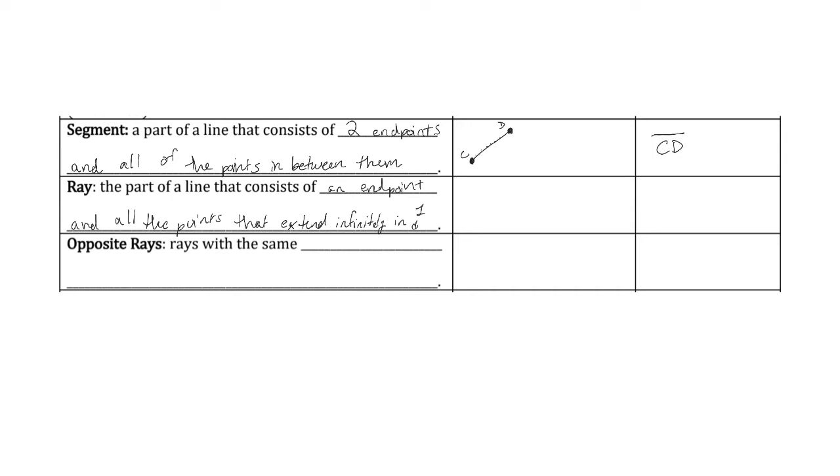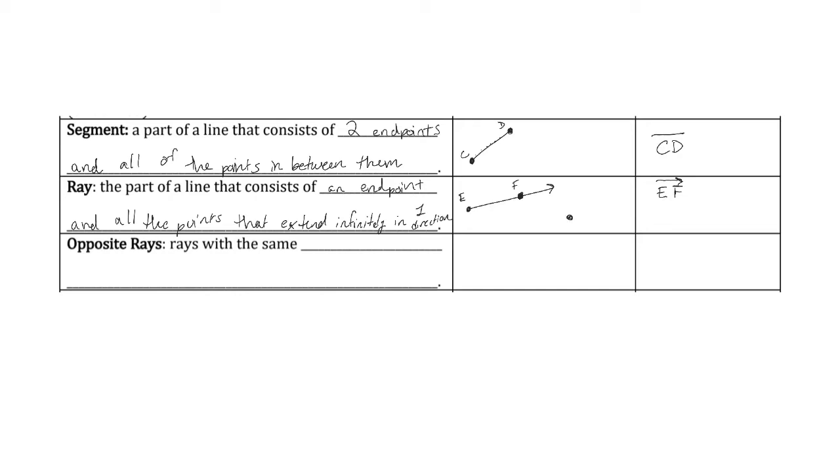So this will have one endpoint, say E, and then a line going on forever, and we can represent it with any point from E to that infinity. We'd call this ray EF, and that's with a line and an arrow going one way.